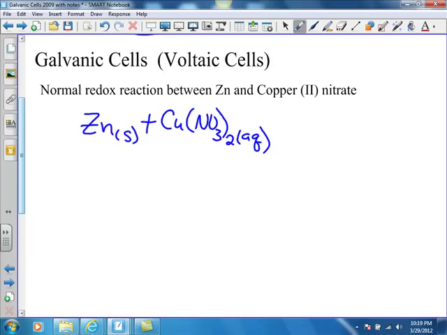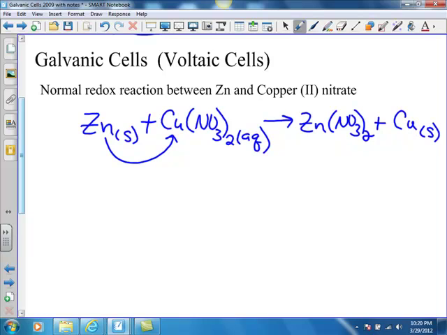Normally when we do this reaction, this is a nice little single replacement reaction. And what happens is the zinc goes and kicks out the copper. So we get zinc nitrate, and then we get copper. That copper is now our solid, and the zinc is now our aqueous substance.